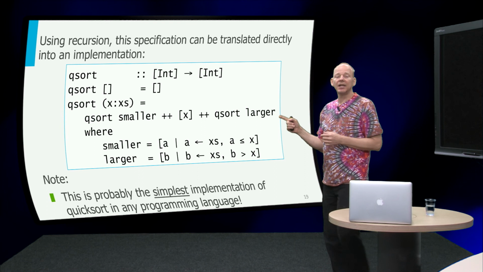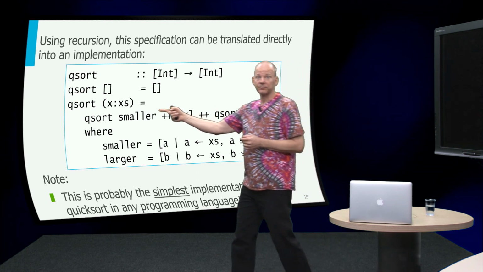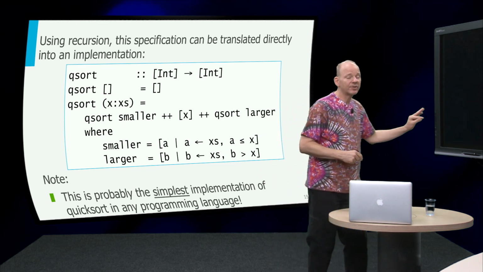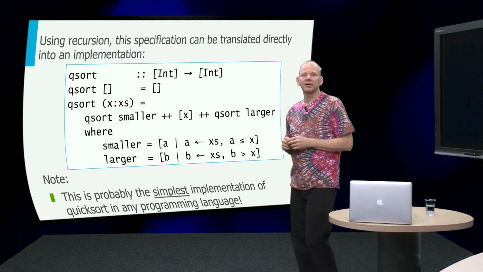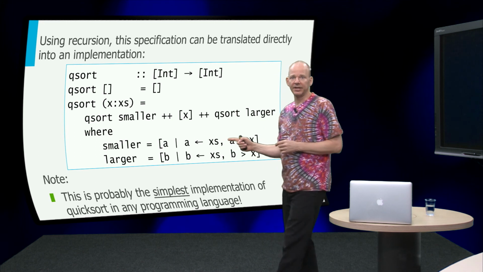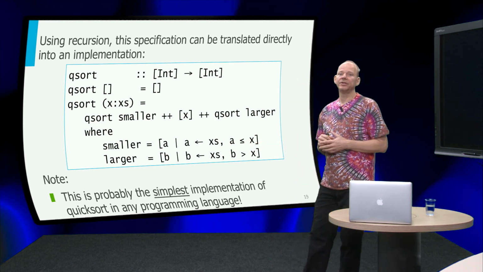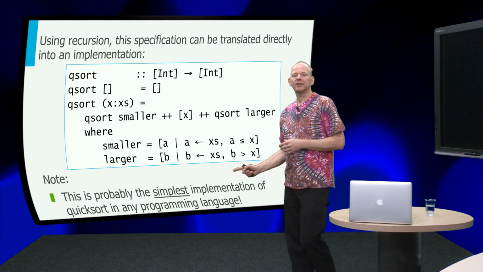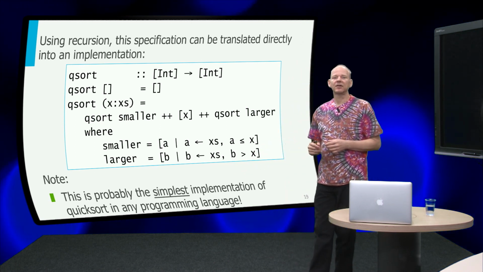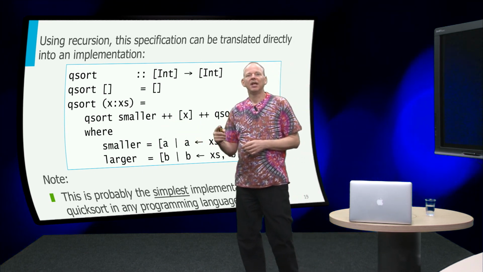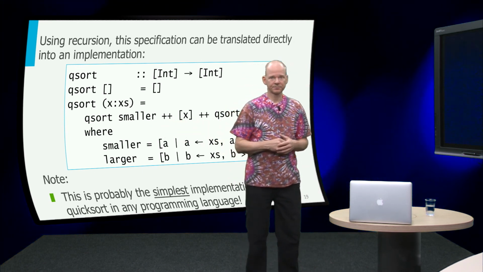When we want to sort a list, X cons Xs, we create a list with all the elements that are smaller or equal than X. And for that, we use a list comprehension. We create a list of all the elements that are larger than X. We sort both of those, and we put X in the middle.